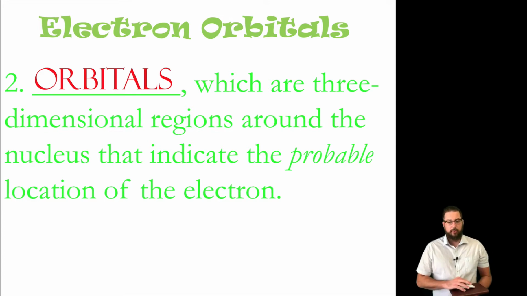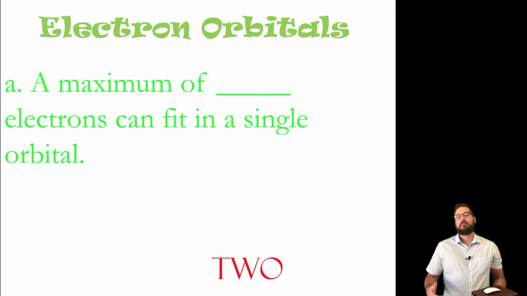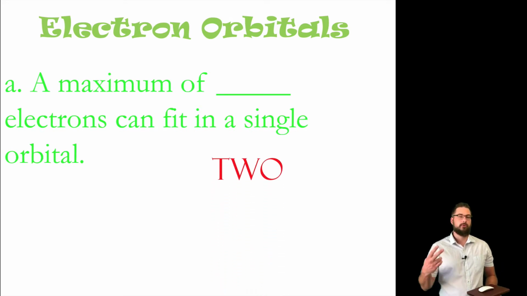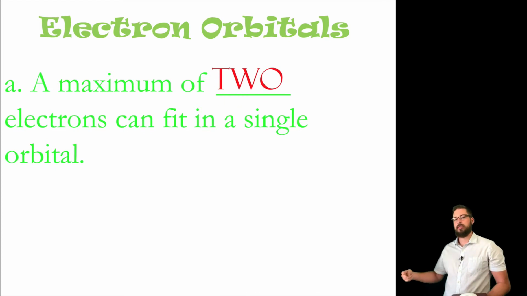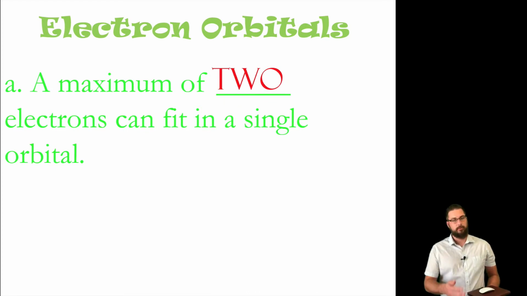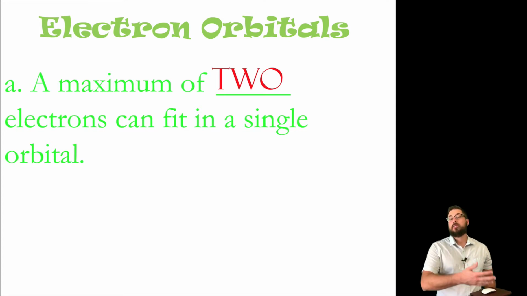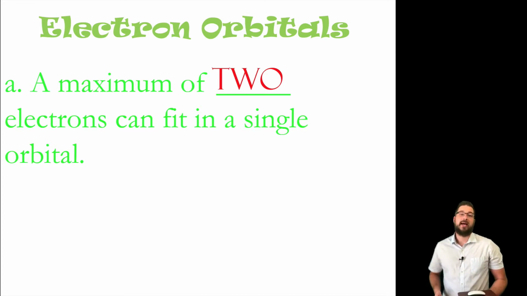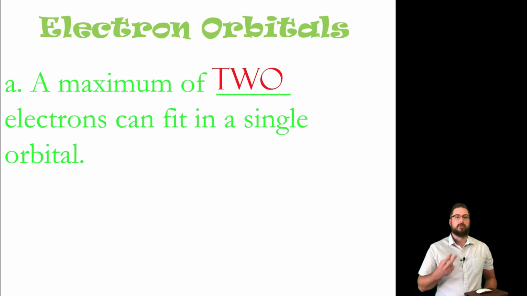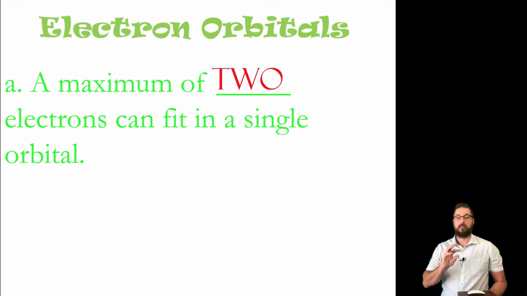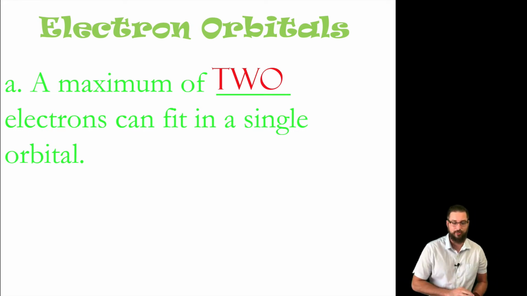It's important to keep in mind that any orbital can have a maximum of 2 electrons. So as we learn these different types of orbitals, particularly s orbitals, p orbitals, and d orbitals, each orbital is going to have a maximum of 2 electrons. We're going to use this piece of information later on in the unit as well.